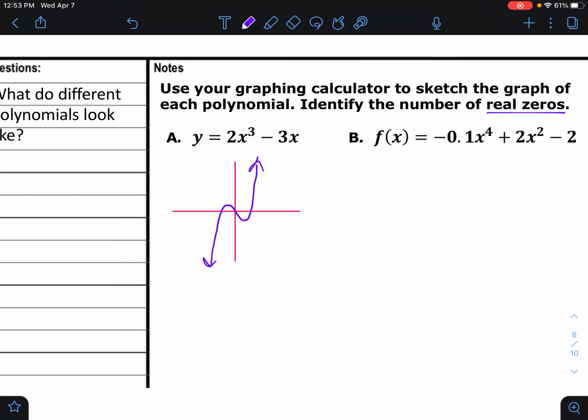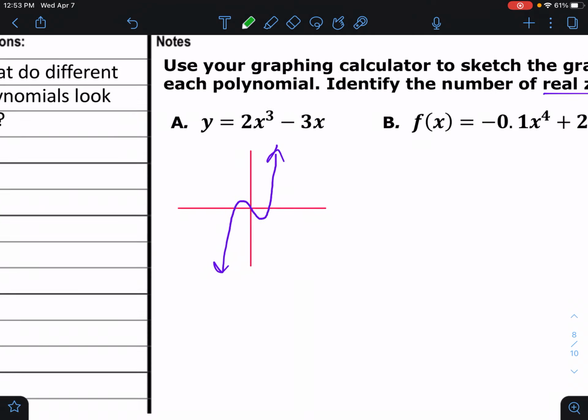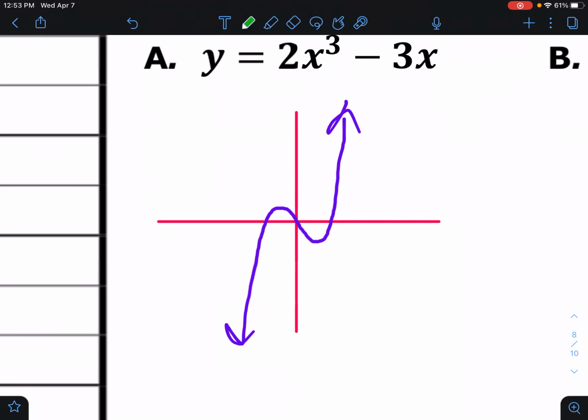Now it says identify the number of real zeros. This is a fancy way of saying, so where is y equal to 0? That's where it hits the x-axis. It's basically how many times it crosses the x-axis. So what I want to look at is where does it cross the x-axis and how many times? It crosses right here, it crosses right here, and it crosses right here.